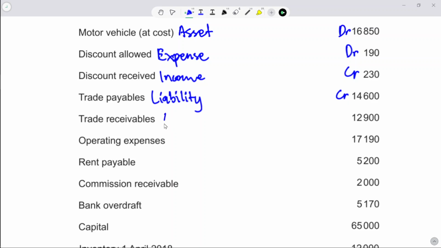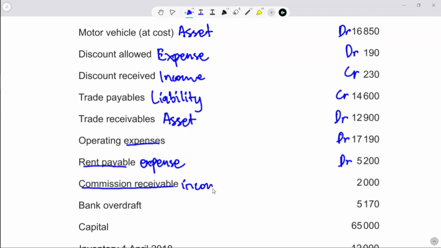Trade receivable is an asset, so debit. This one is an expense, so it's debit. Rent payable is actually an expense, so debit. Commission receivable is an income, so credit.